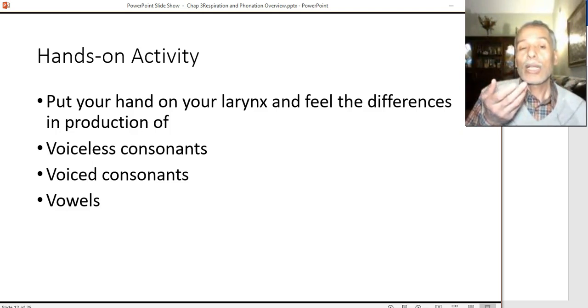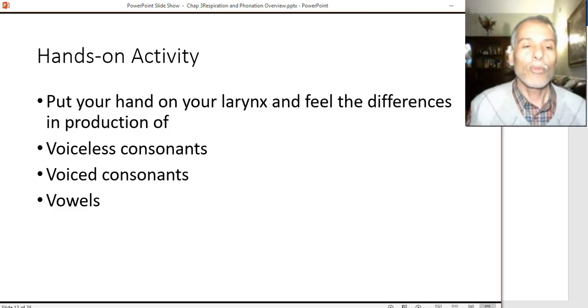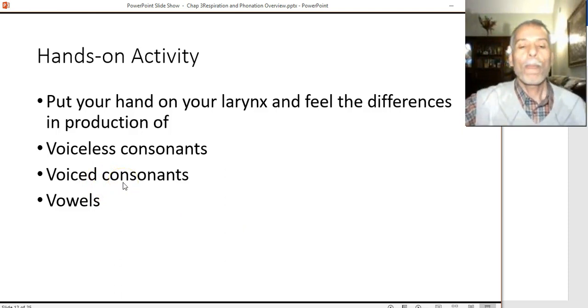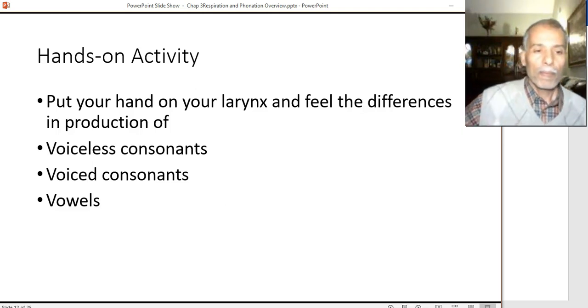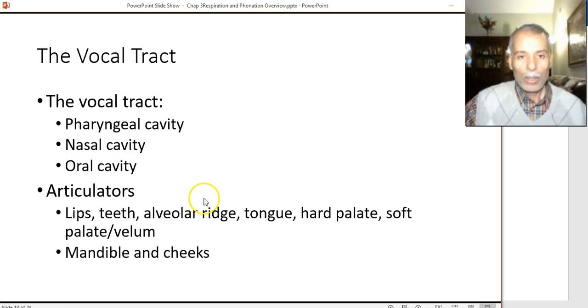So we call it voiceless. And if you have the vocal folds engaged in the process, then this sound becomes voiced. Voiced consonants, for example, b, d, g, v, and all vowels are definitely voiced.